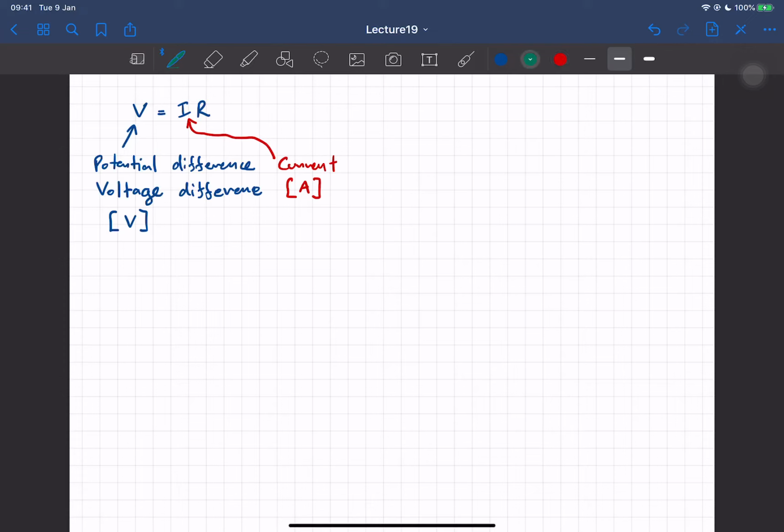And then the last thing is resistance. R, resistance, is the proportional constant between V and I. And the unit of this is called ohm. Okay, Ohm is another physicist that we name the unit after to honor him. And sometimes ohm is kind of long, so we use the Greek letter omega to write this instead.